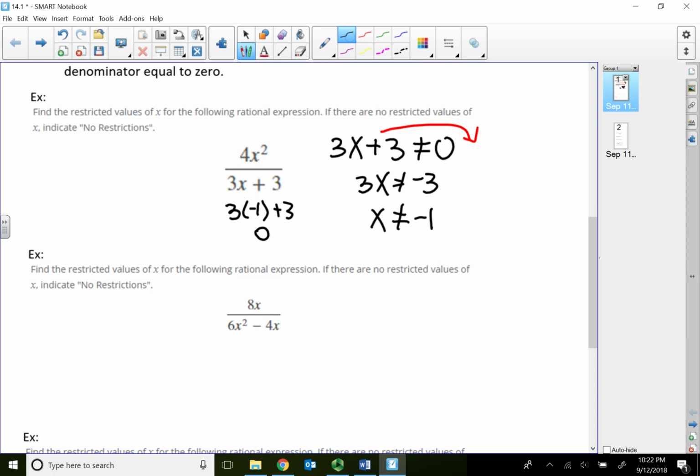Same thing right here: set 6x squared minus 4x not equal to 0. Now this is considered a quadratic equation.